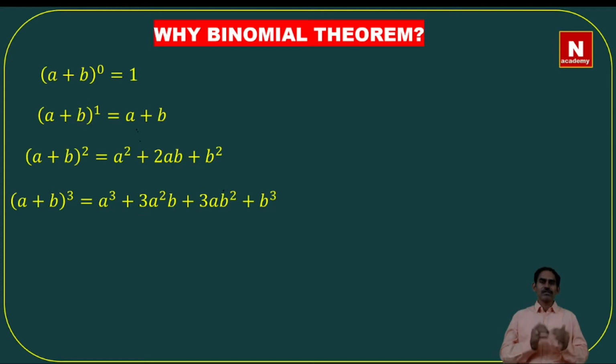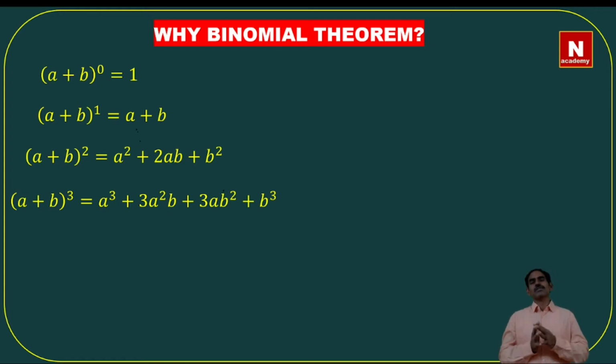So to solve such problems, they introduced a theorem known as the binomial theorem, which is useful to expand binomial terms. Whatever the index, the theorem is useful to expand binomial terms.